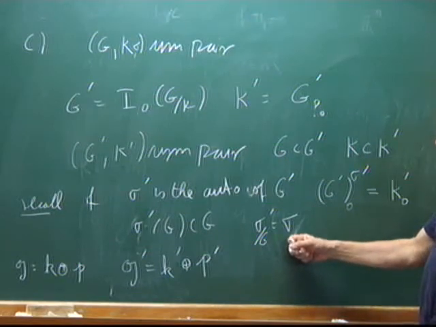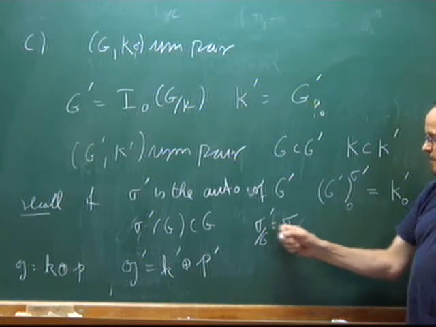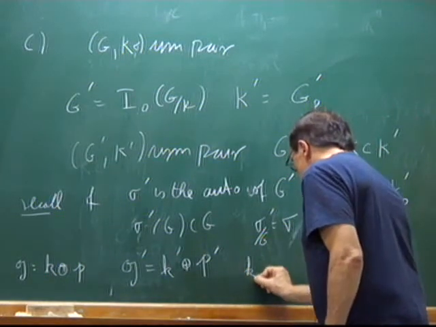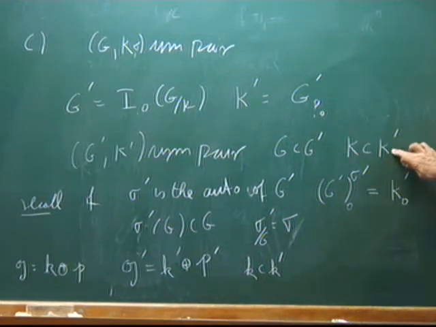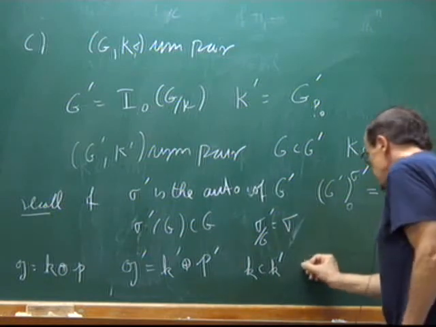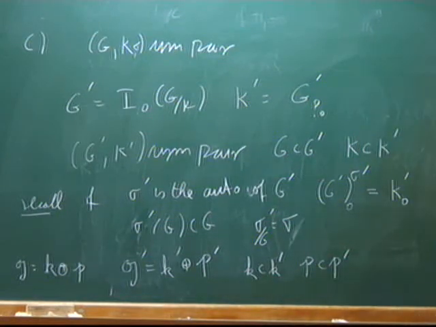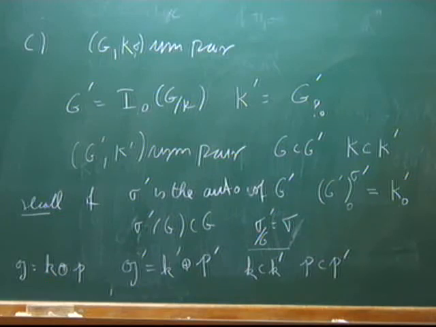Well, K and P are the plus and minus eigenspaces of the derivative of the automorphisms. That means that they must be contained in each other. So K is contained in K prime. Well, that's of course immediate from this here. But the important fact is that P is contained in P prime. That, in general, is not so obvious. And that follows from this fact right here. We talked about this last week.